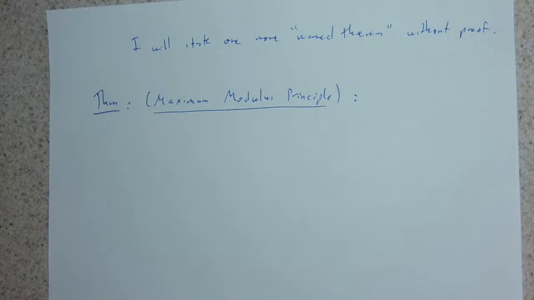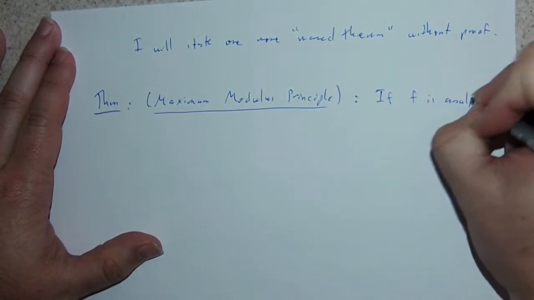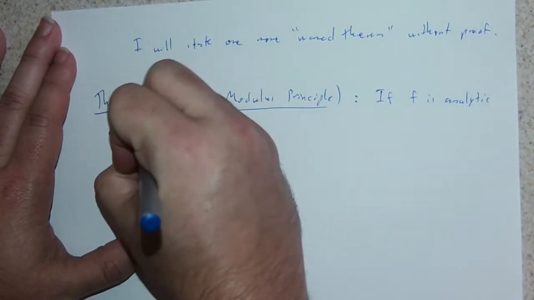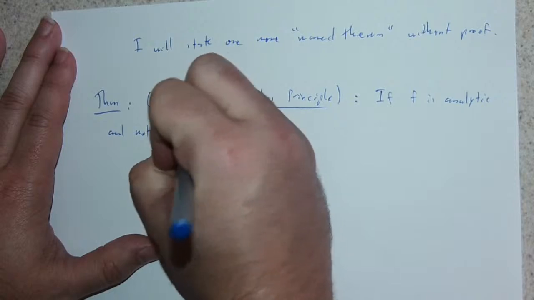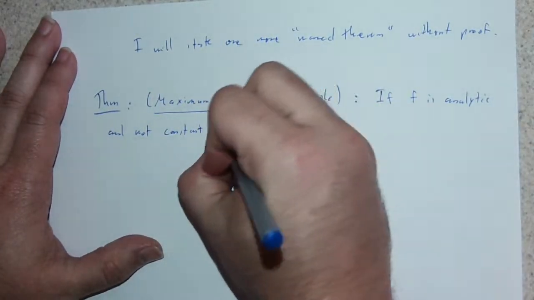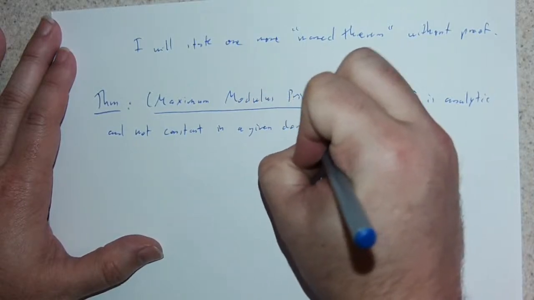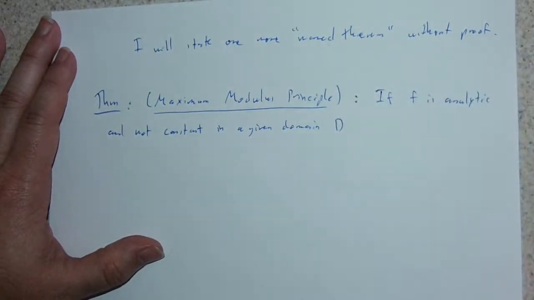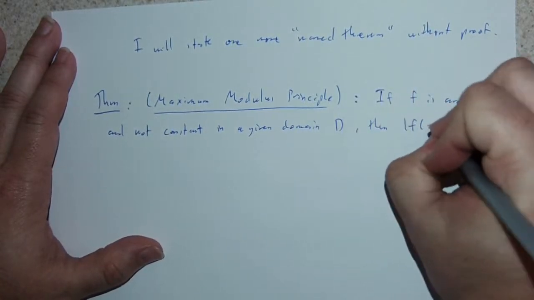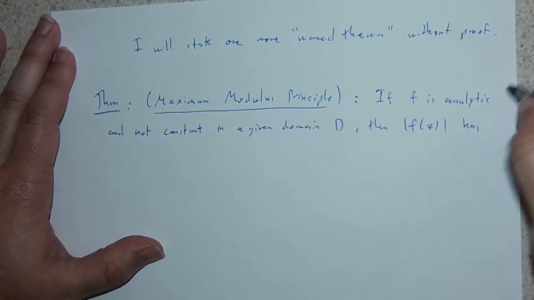Okay. So if f is analytic and not constant in a given domain D, then the modulus of f of z has no maximum value on D.